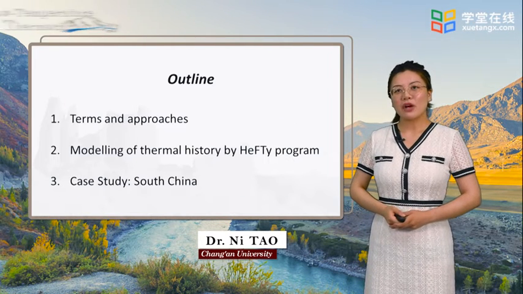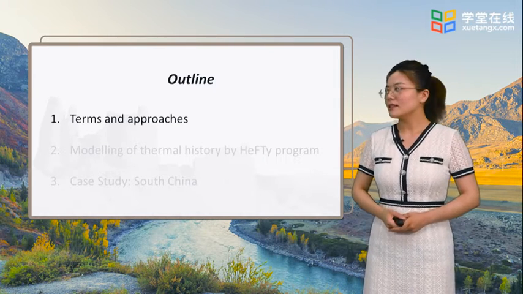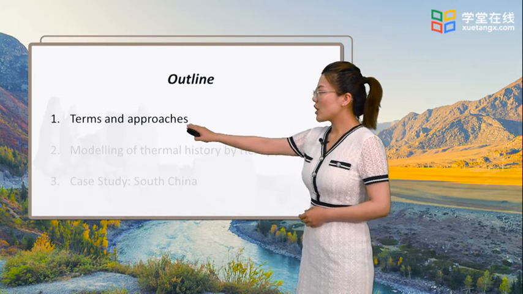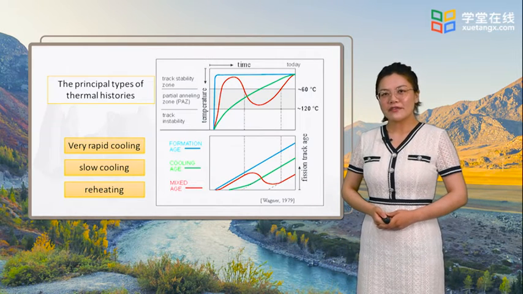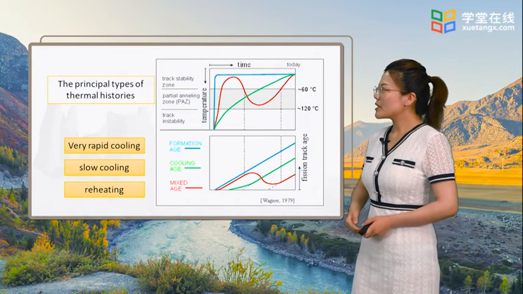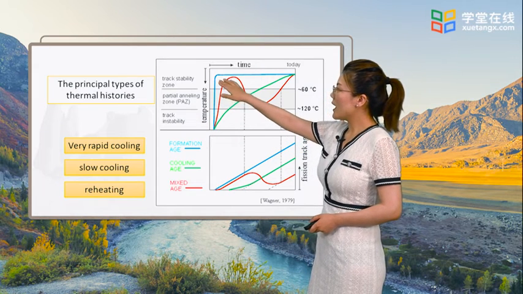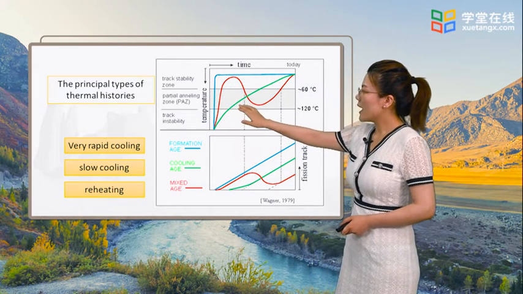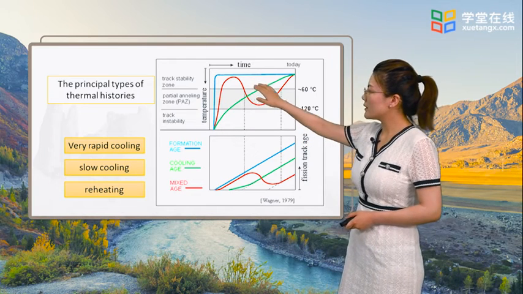Here is the outline of this chapter, and we will start from Section 1, introducing some terms and approaches. This figure shows some principal types of thermal histories. This one is a rapid cooling, here is a reheating, and we have a slow cooling.